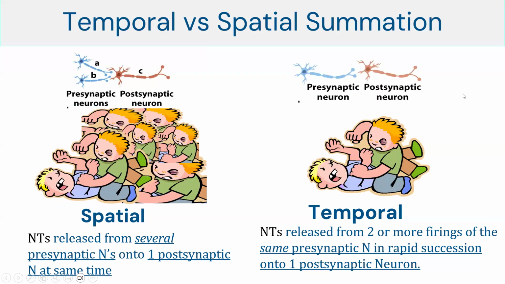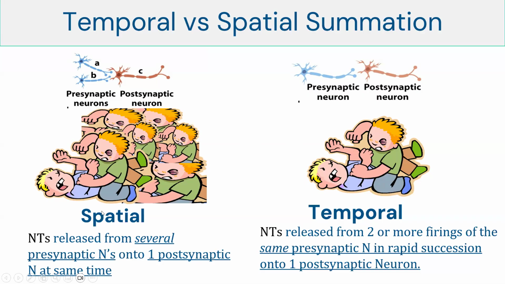All right, some of these images may look a little funny to you, but I think this is a great way to remember our two types of summation. For you math people, when we add two numbers together, we call it a sum. So for summation, we're talking about the addition or amplification of a nerve signal. We see here we have two types.